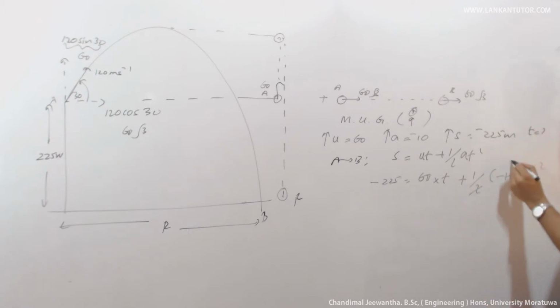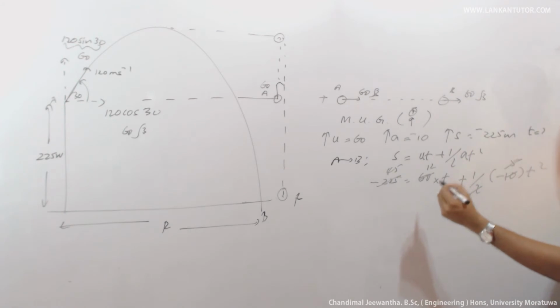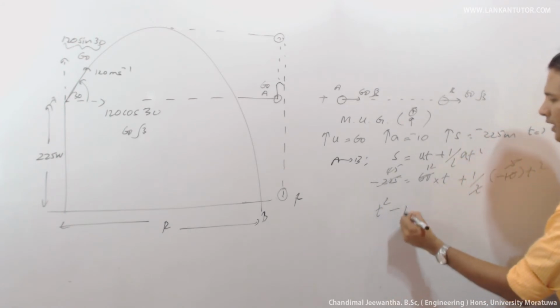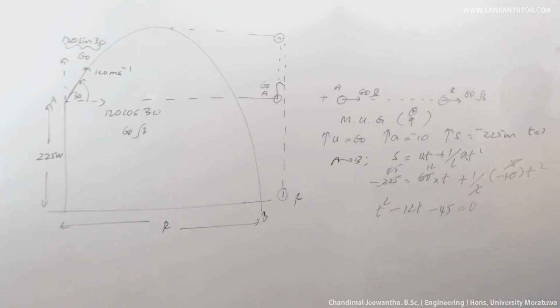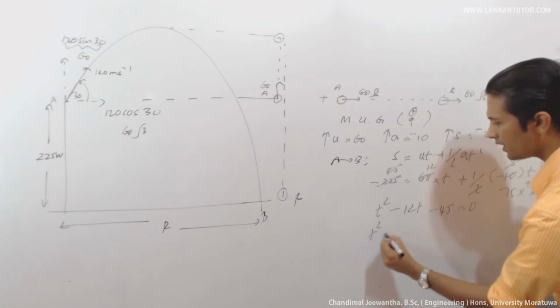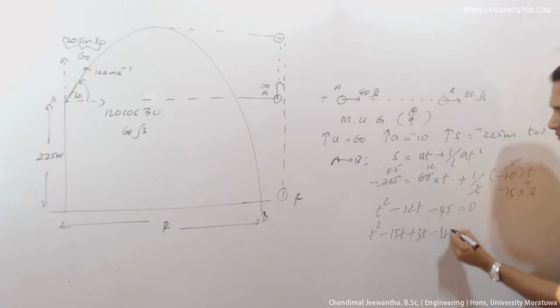Displacement minus 225, u is 60, time taken t, then plus half into minus 10 t square. Then this is 12, this is 45. Then t square minus 12t minus 45 equals 0. The same as previous, we can consider 15 into 3. Then t square minus 15t plus 3t minus 45 equals 0.